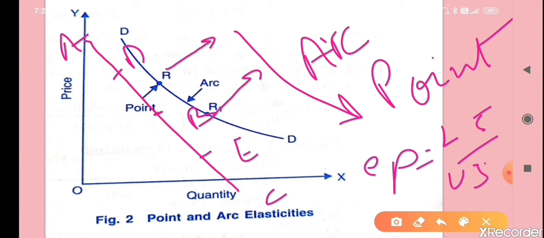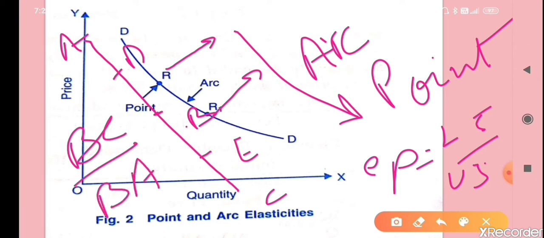Let us go through it. Suppose we have to take the elasticity at point B. So EP will be the lower section, BC, upon BA. And here they are both equal, so EP will be 1.